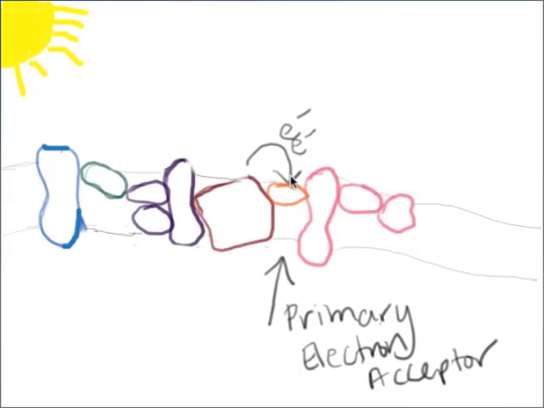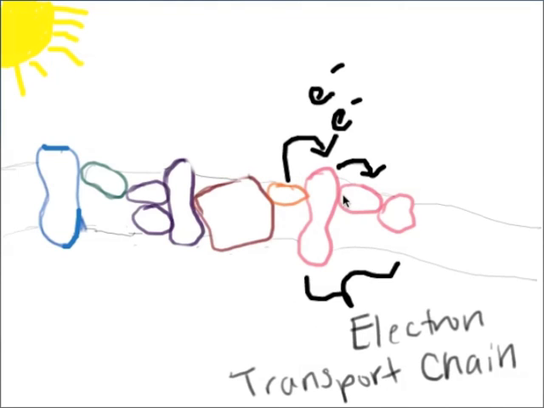So what happens in photosystem 1 after the electrons have been transferred to the primary electron acceptor? They then go through the electron transport chain of photosystem 1.